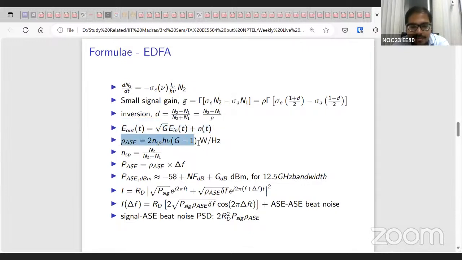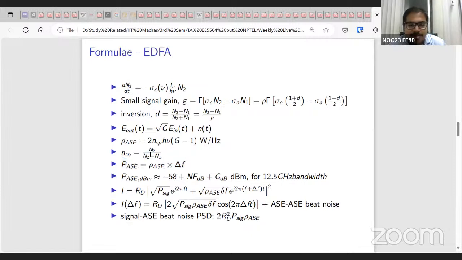Then this is the bread and butter, the amplified spontaneous emission noise you can quantify using this expression, and the noise power will be just this power spectral density multiplied by the bandwidth.